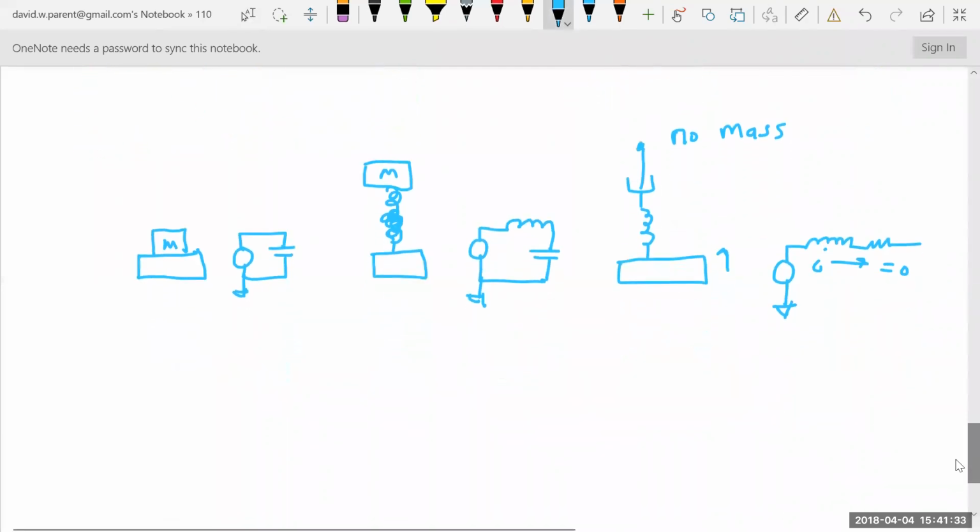And then I think we had a damper with a mass. We have the velocity of the platform. We have a resistor.